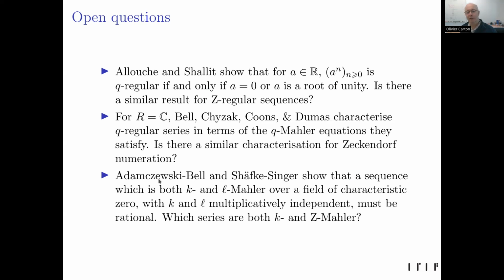And then there is an extension due to Adamczewski and Bell and Sheffield and Singer, showing that in the case of k and L Mahler equations, when the characteristic of the field is 0, the series is actually rational, which is the natural extension of being ultimately periodic for sets of integers.